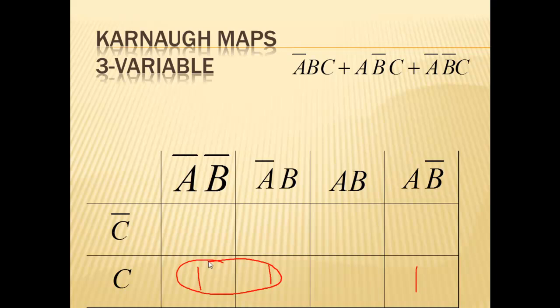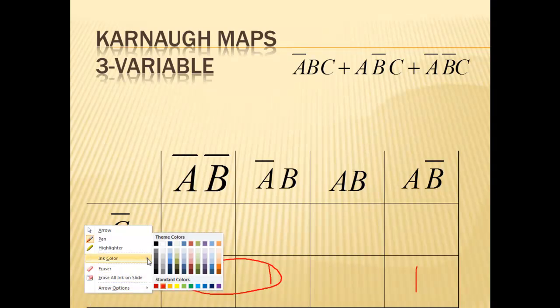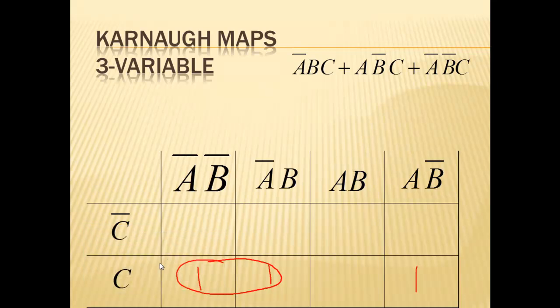But what we can do is think about wrapping this image around a can where it's round, where this side touches this side. As long as they're on the sides and we're doing it, you know, side to side or up and down, they can actually touch each other. So let's do green. So this one will actually group with this one.